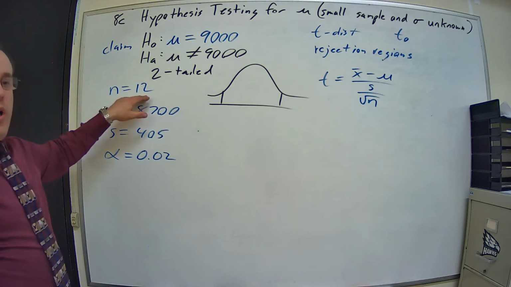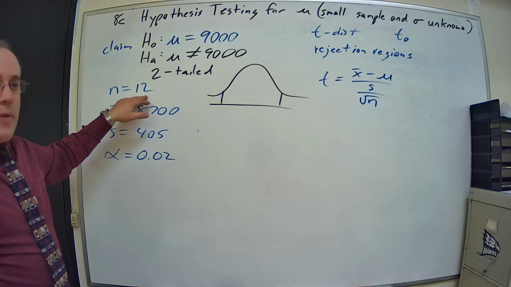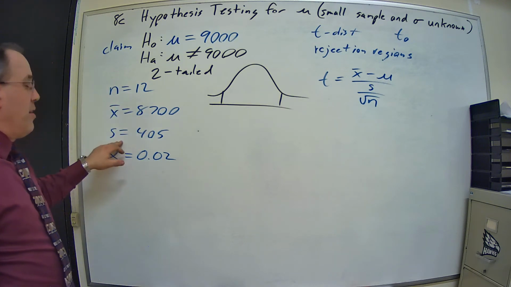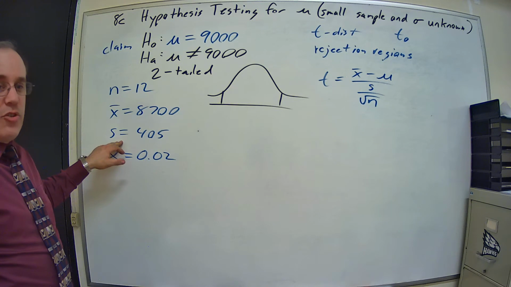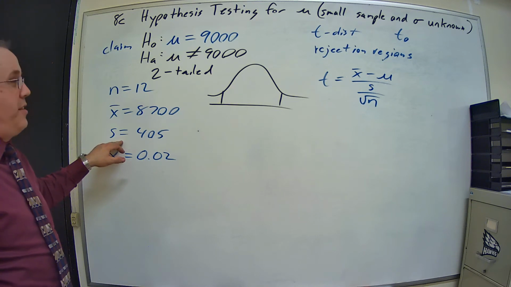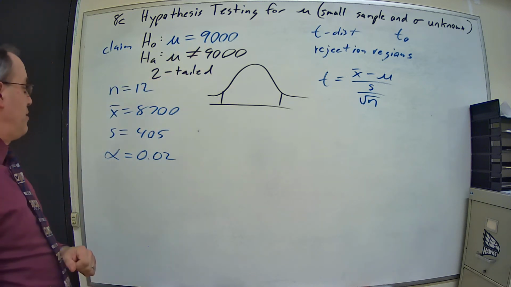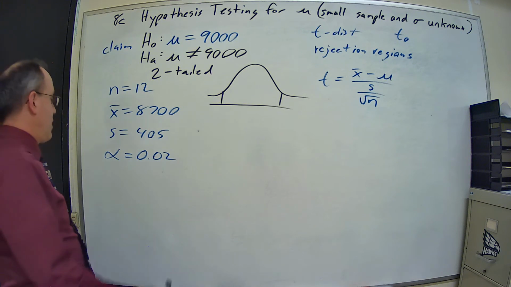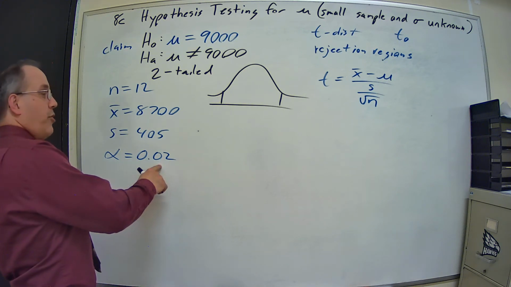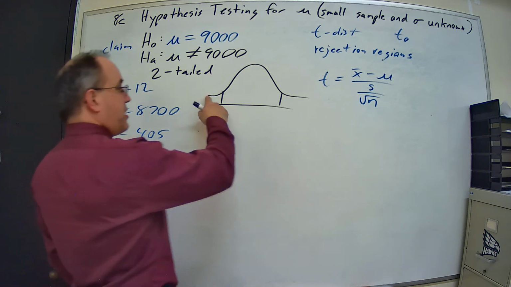N is equal to 12. We have a small sample. We have the sample standard deviation, so we do not know the population standard deviation, so we have to use a t-distribution. Alpha is equal to 0.02.